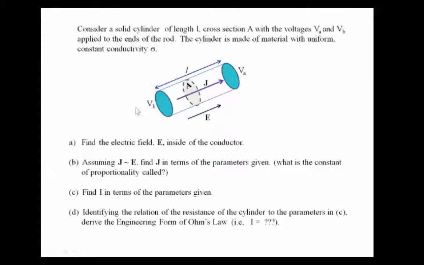First we want to find the E field inside the conductor, and we want to find J in terms of the parameters given. We're going to assume that J is proportional to E, just as we did for Ohm's law, and then find the current in terms of the parameters and change this into the engineering form of Ohm's law, which you are familiar with.